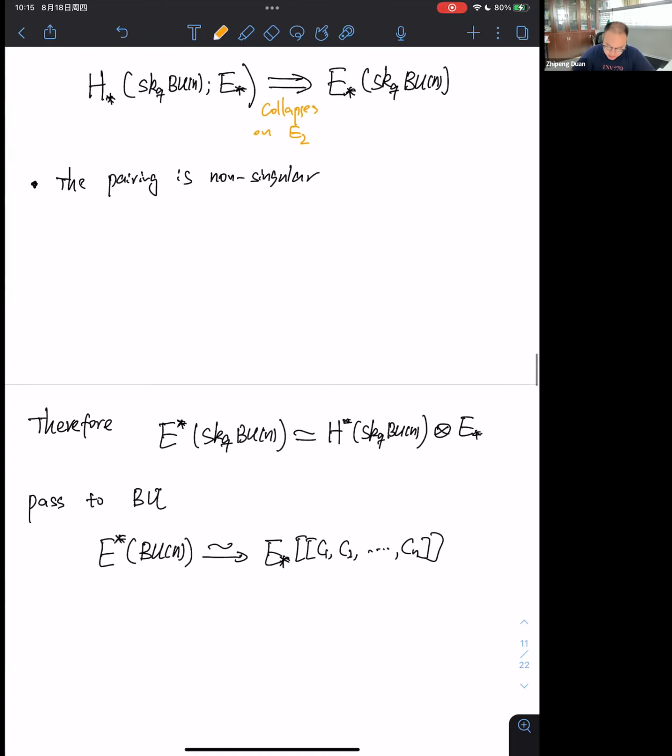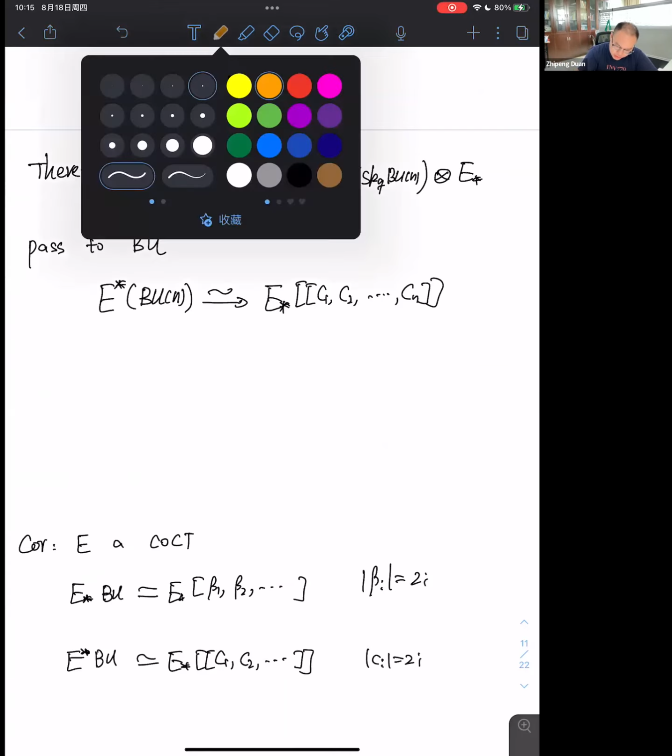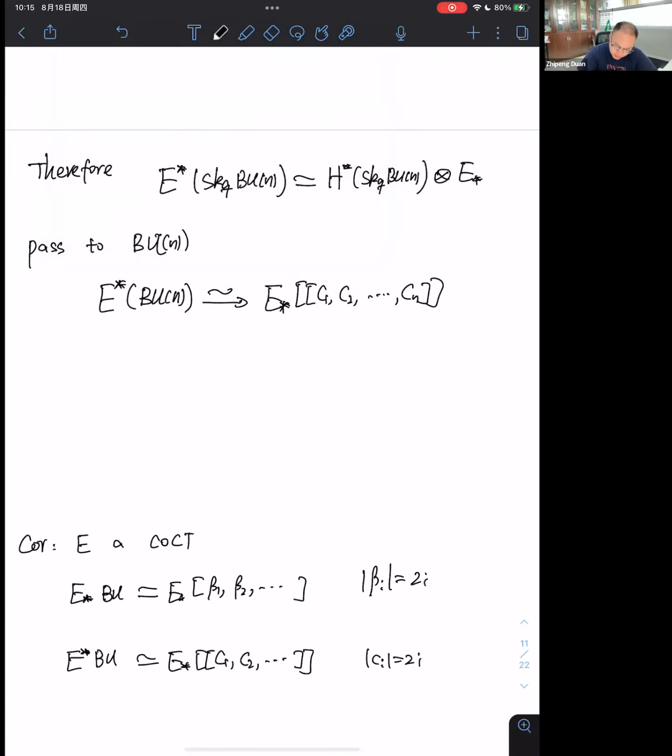Then again, if you pass to the stable classifying spaces, it is easy to see the filtration by subcomplexes; on cohomology, this is also an inverse system. So you pass to the generalized cohomology of BUN.